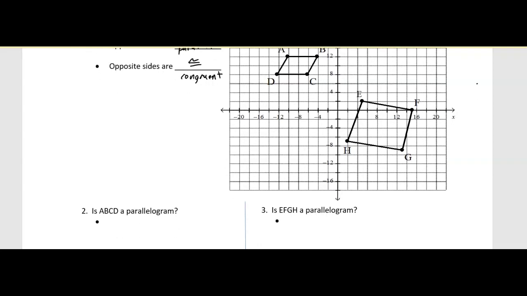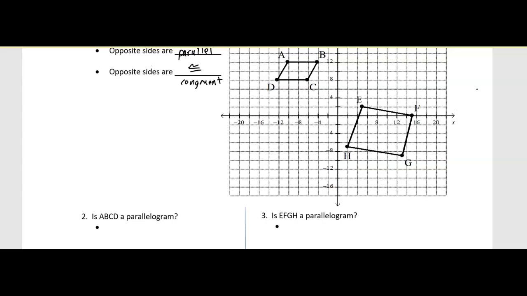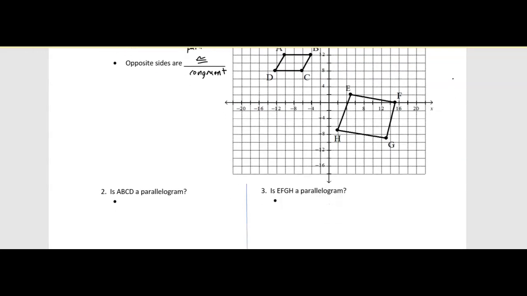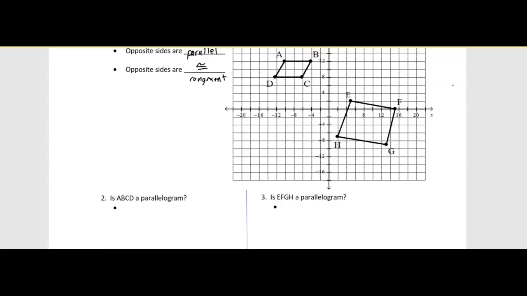So what we would need to determine is, if we look at opposite sides, let me get some colors up. So side AB would have to be parallel to side DC. So the way we would write that is, AB is a little line segment, that would have to be parallel, there's our parallel symbol, to side DC.